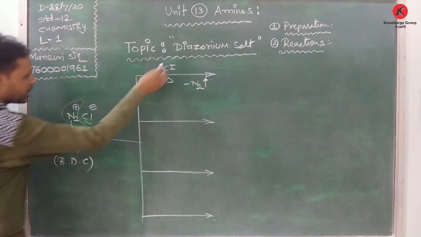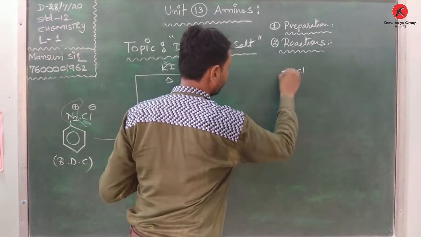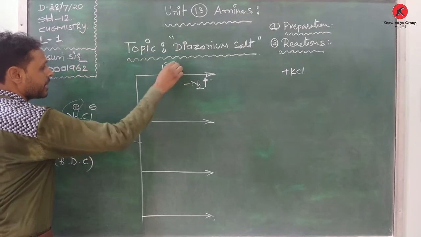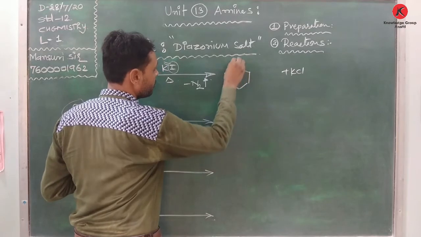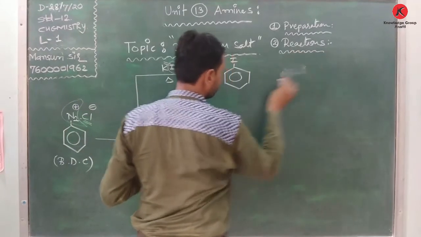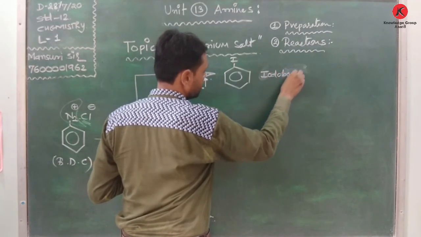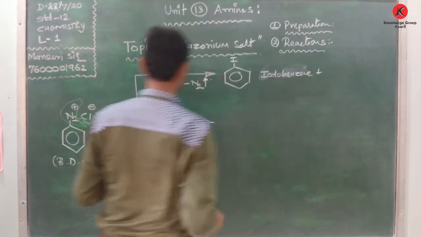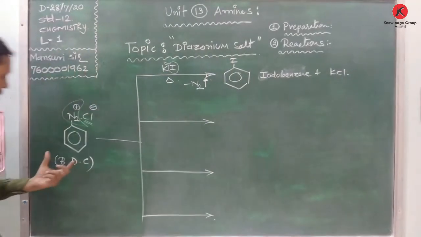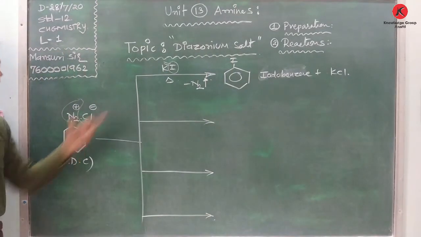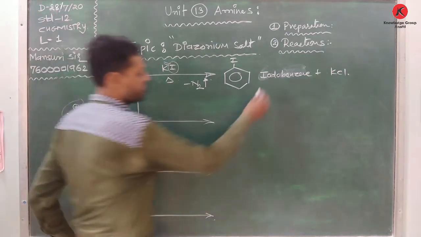Thereafter, this Cl combines with K, so KCl will also be removed. Now, iodine will be attached to this ring, that is why iodobenzene is formed. This is my iodobenzene. Plus, now your K and Cl will be put over here. So we can say that when benzene diazonium chloride reacts with KI solution, then iodobenzene will be formed.